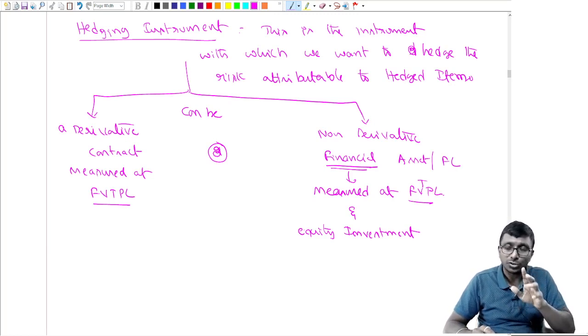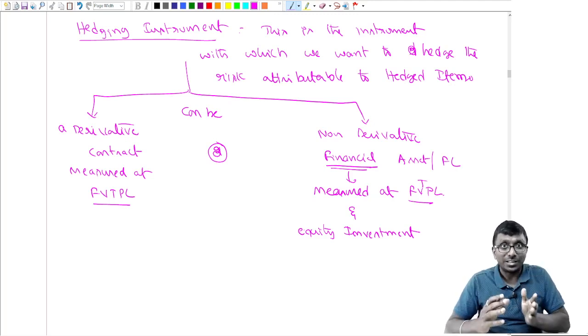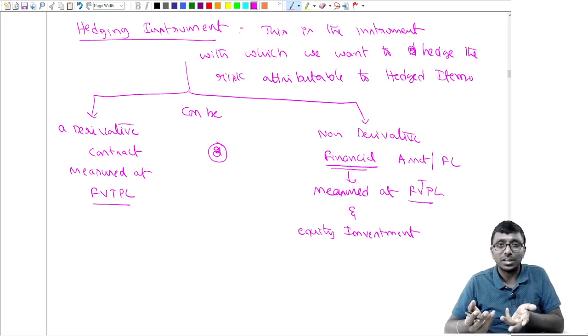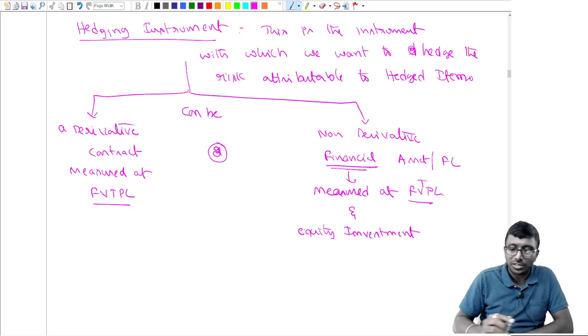But as you know, the entity has an irrevocable option to classify it at initial recognition itself as FVTOCI, correct? And if it is classified as FVTOCI, then also it is okay. That is what we are trying to say.